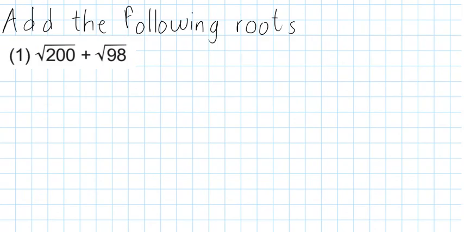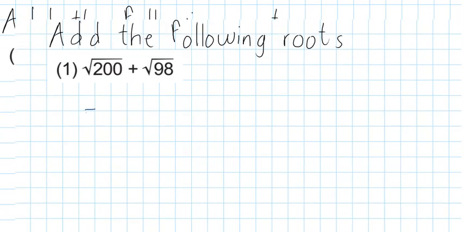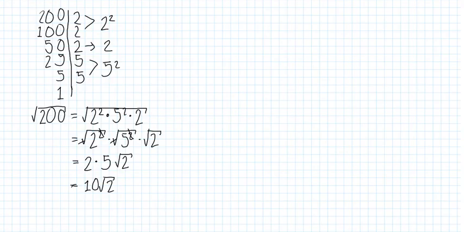And we go back to the main part of the exercise, and we can say that this is equal to 10 square root of 2. Got it? But we have the square root of 98, and we will do the same.